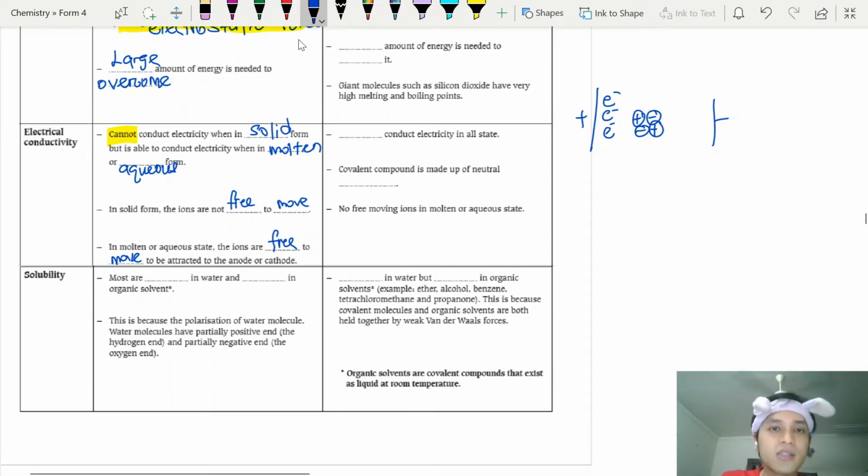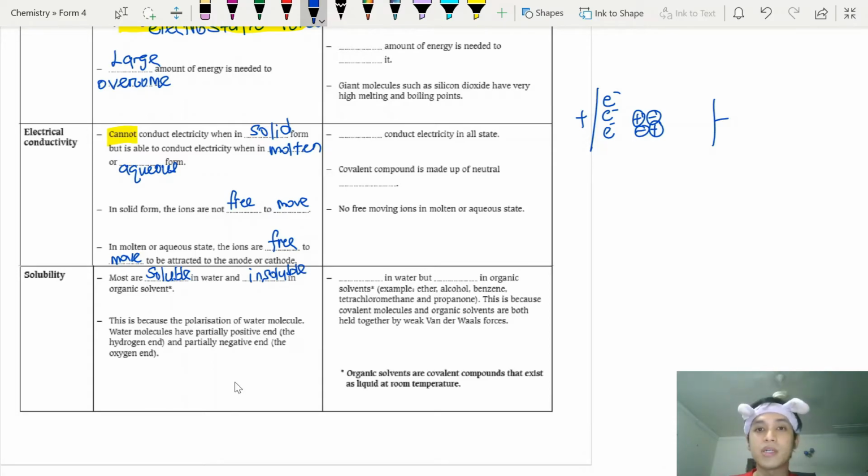Alright, solubility: salt, can you dissolve in water? Can, right? So most are soluble in water, and insoluble in organic solvent. What is organic solvent? Basically covalent compounds that exist as liquid, we call them organic solvents.